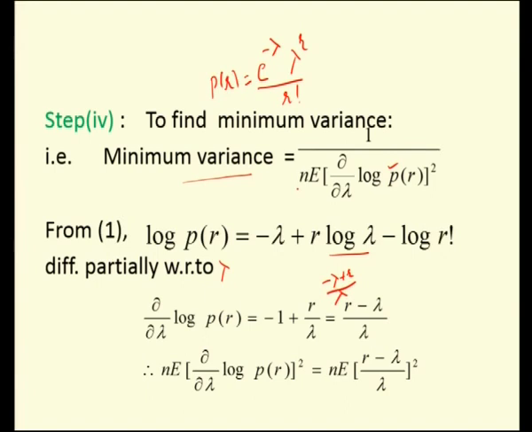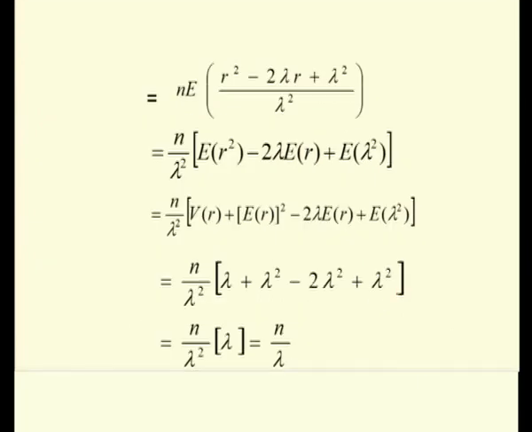Next, it says that you square it, multiply by n and take expectation. So, n into expectation of R minus lambda by lambda, the whole squared. So, you expand that term using the basic expansion: R squared minus 2 lambda R plus lambda squared, by lambda squared.